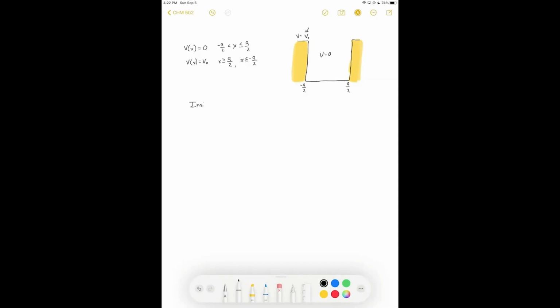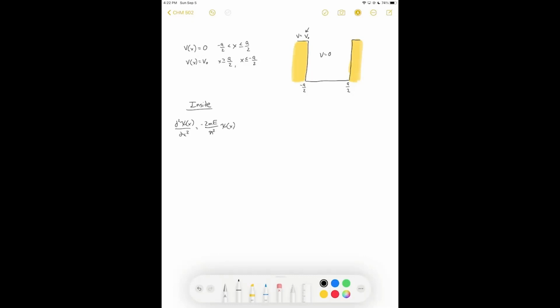And inside the box, we'll find that our solution is actually the same as it was before. There's no potential, and that means our Schrodinger equation will simply boil down into the following: the second derivative of our wave function with respect to x equals negative 2mE over h bar squared times psi of x.